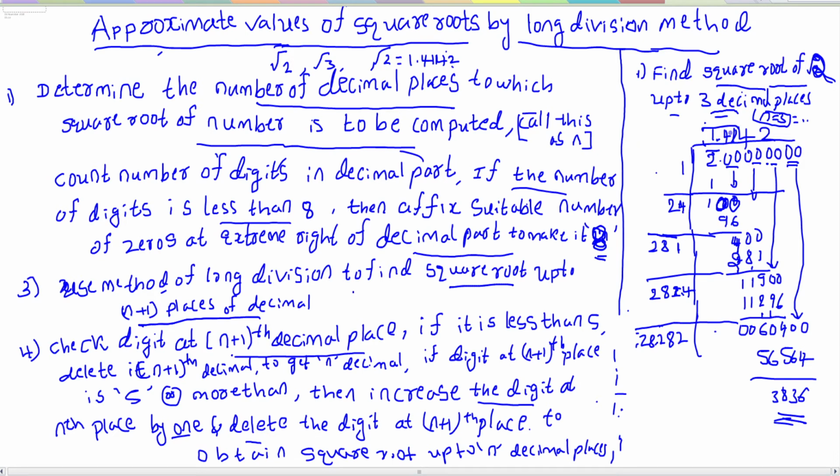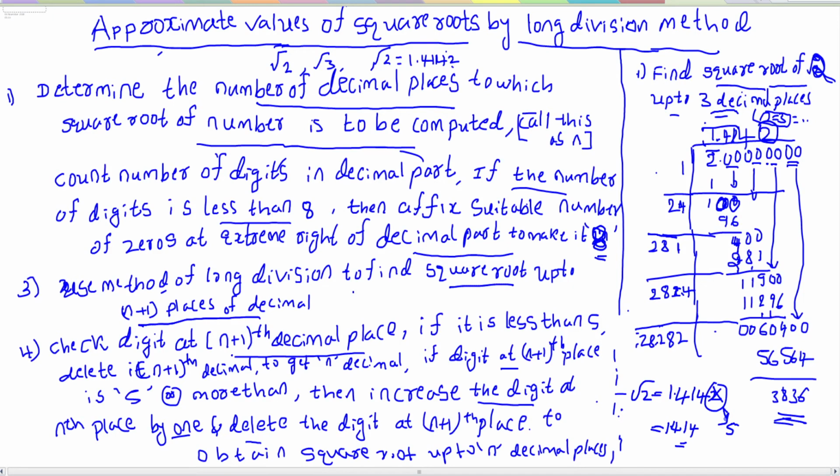I will write here that the square root of 2 is 1.4142. If the digit at n plus 1 is less than 5, you can delete it. If you delete it, you can make it 1.414, corrected to 3 decimals.